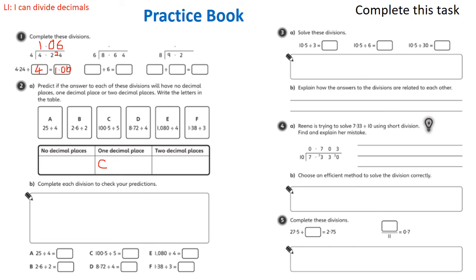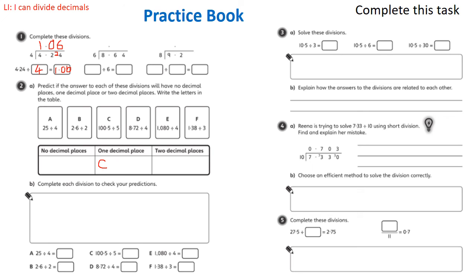Remember, 6 is double 3. So once you've got your answers for all 3, then you can explain how the answers to the divisions are related to each other. So that's basically what's similar and what's different. How could you have worked out one of those answers by knowing one of the others?